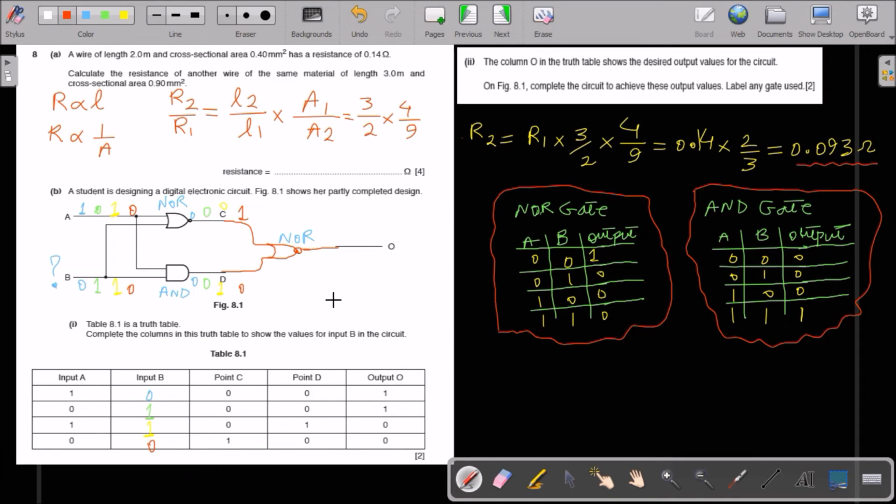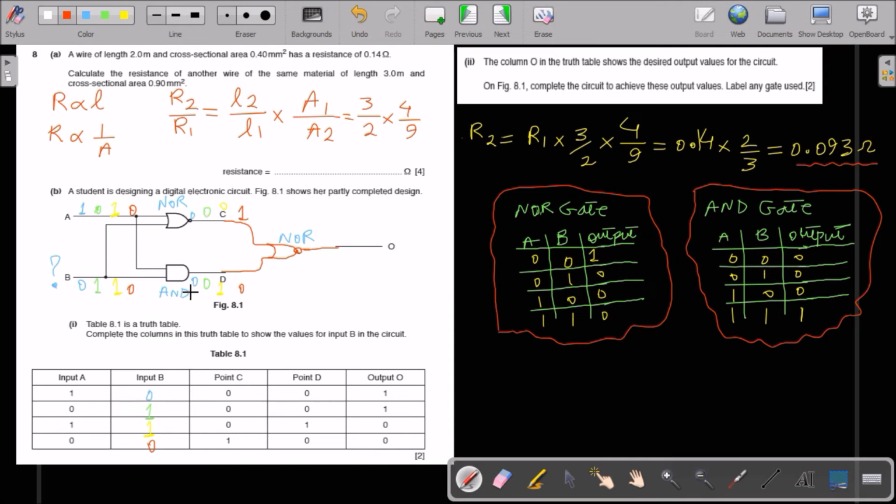I suppose that every color shows one row of this table. So for example, I check blue color. Input A is 1, input C is 0, and input D is 0.